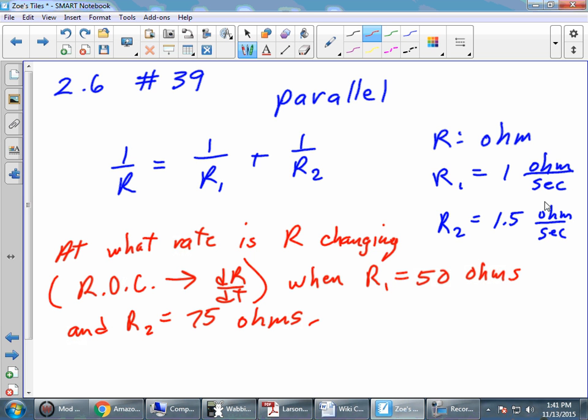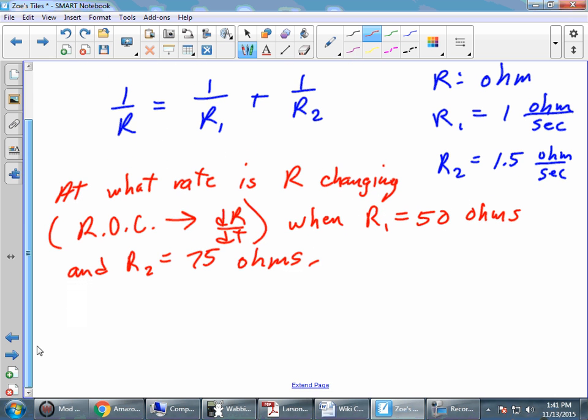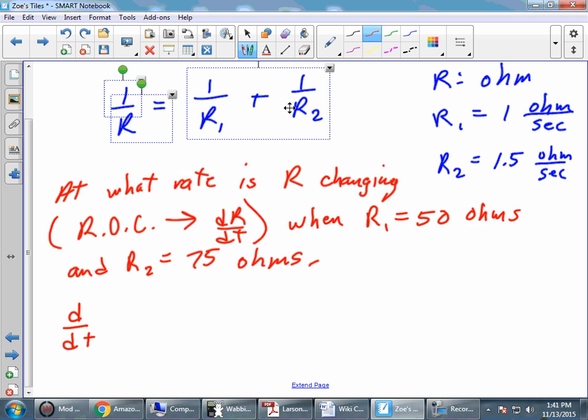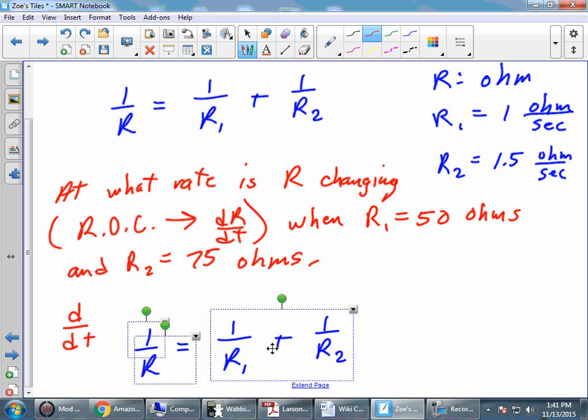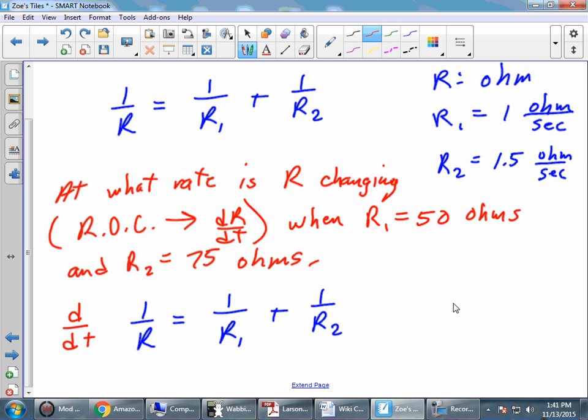Any worries? Okay. So let's take the derivative with respect to time of what they gave us before. I'm just going to clone all of this.